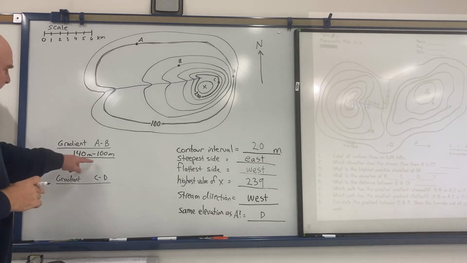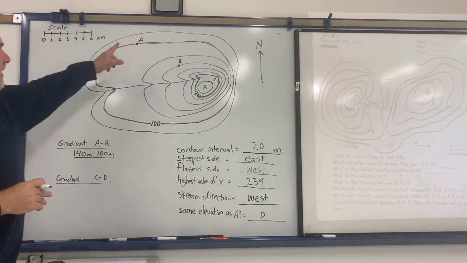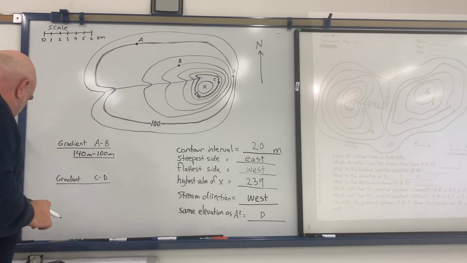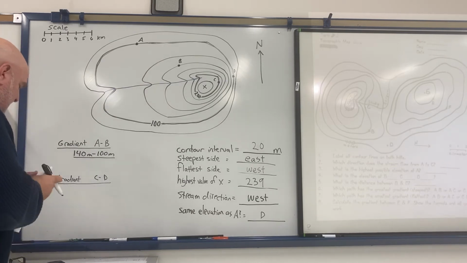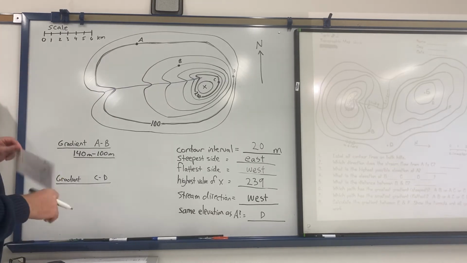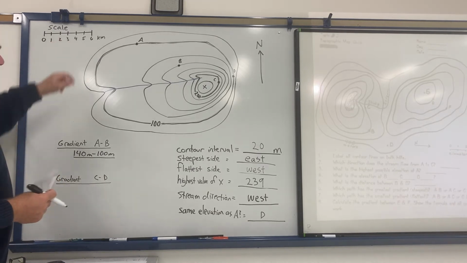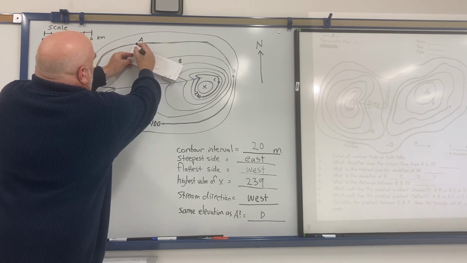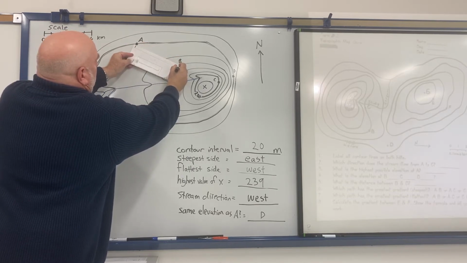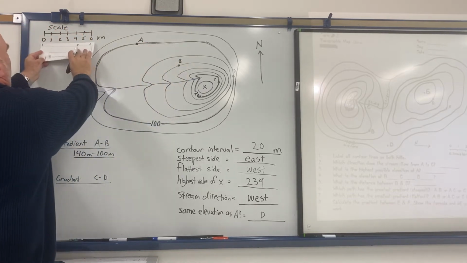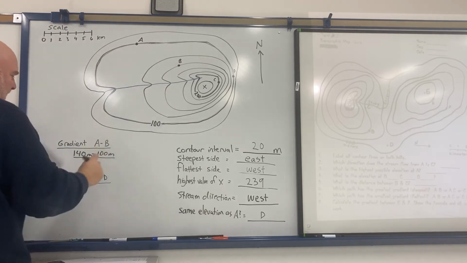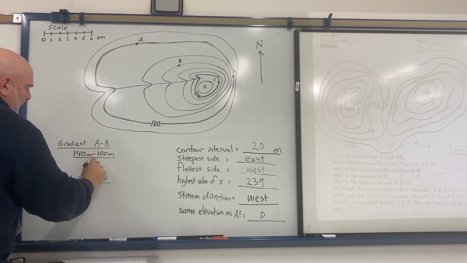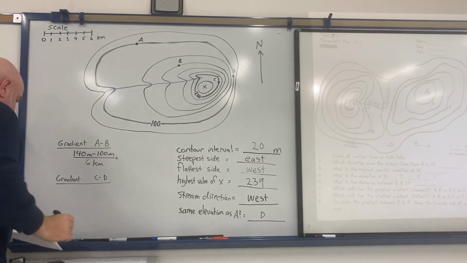Now, the next thing I need, the number on the bottom, is how far apart they are. I can do that by using a scale. Your map should have a scale, which is right there. So I come over here, I mark off A and B, I go to my scale, and they work out to be 6 kilometers apart. So 6 kilometers goes on the bottom.